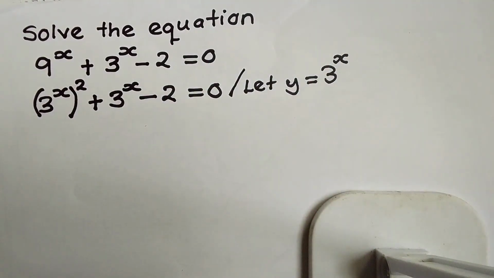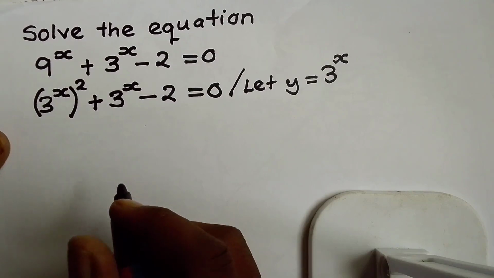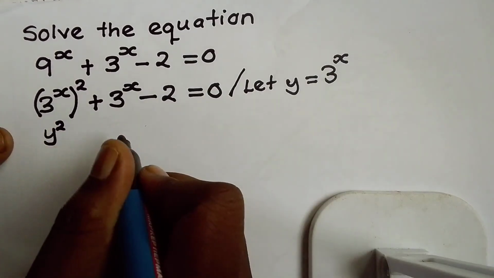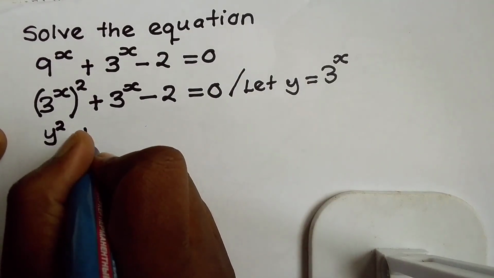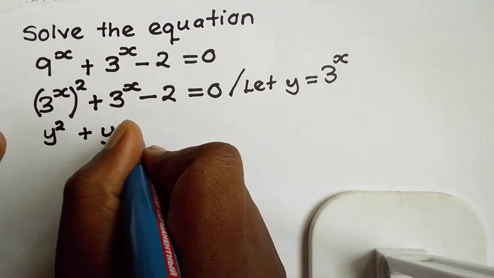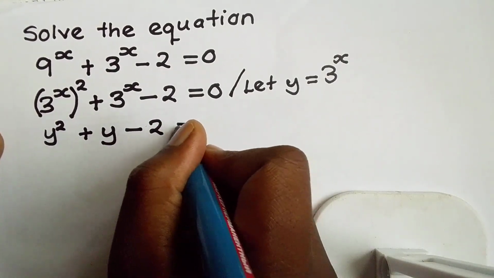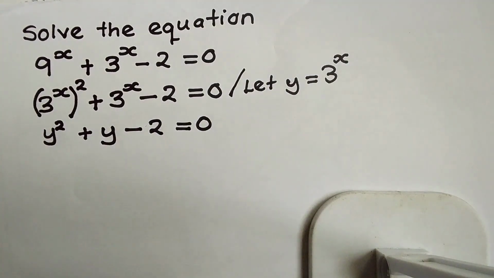So where there is 3 to the power x, you put y. So we are going to have y squared plus y minus 2 is equal to 0. Okay, I hope we are moving together, guys.